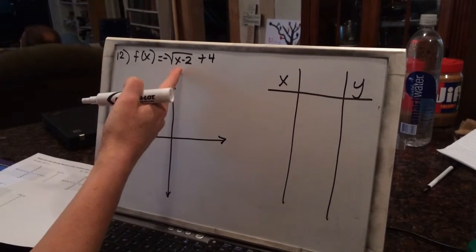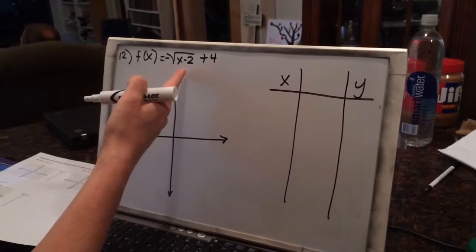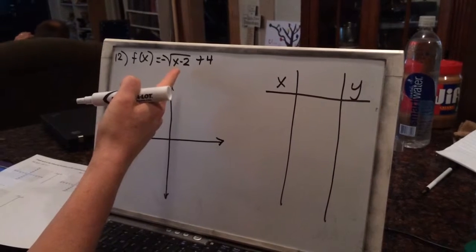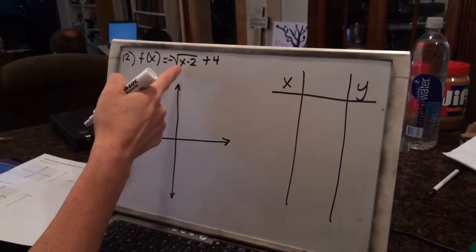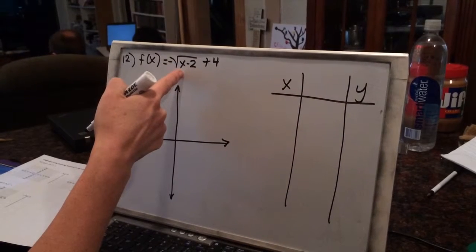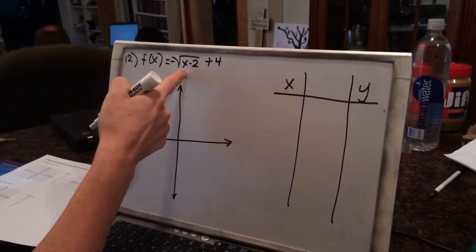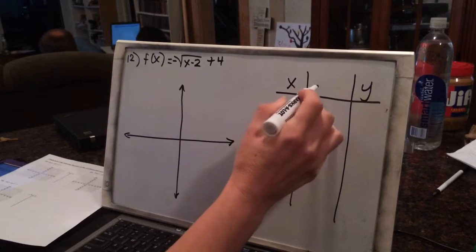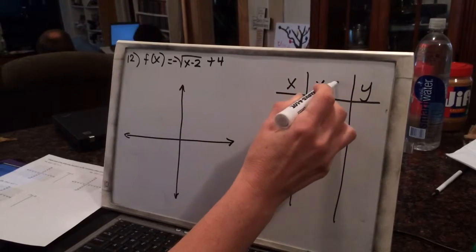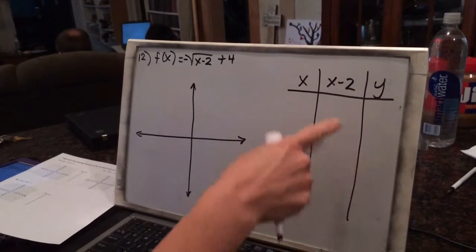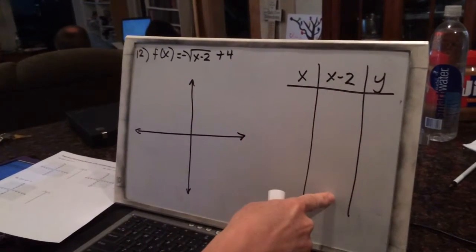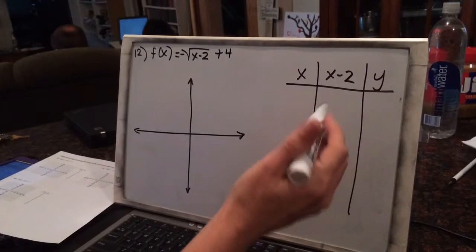The key to this one is going to be getting values that are even. So you want to have x minus 2 equal something that is going to be a perfect square. We're only going to graph x and y, but let's make some values that we need x minus 2 to be that we know are perfect squares.